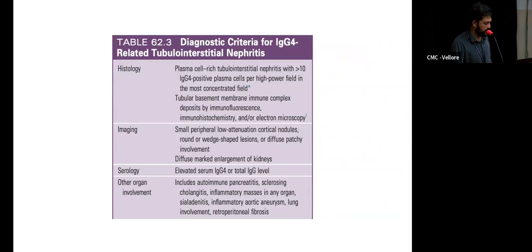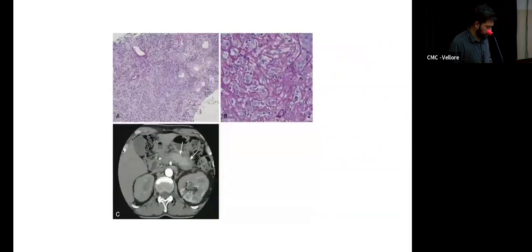You need histology, all should be present, and one each from imaging, serology, and other organ involvement for a diagnosis of this condition. In the first image, it's just an H&E stain of renal tissue, which shows a lot of mononuclear cell infiltrates, in fact IgG4 positive cells, seen in the interstitium with widely spaced tubules also.